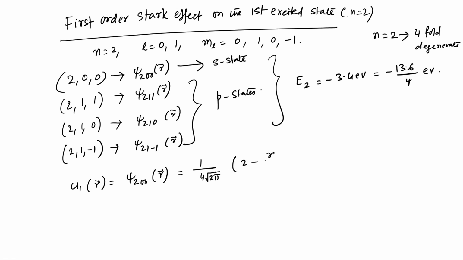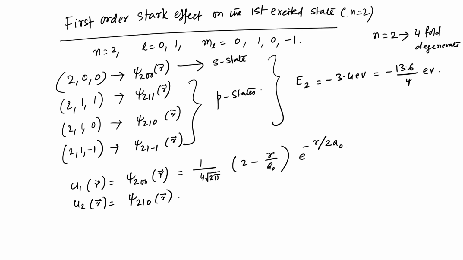So, this 2 minus r by a0, exponential minus r by 2a0 and so on, and U2(r), this is equal to psi. Now, I do not use the ordering that we have done, so we write it 2 1 0.